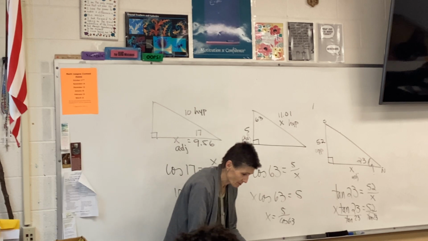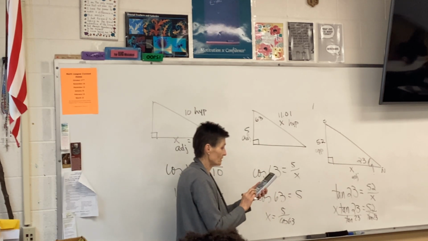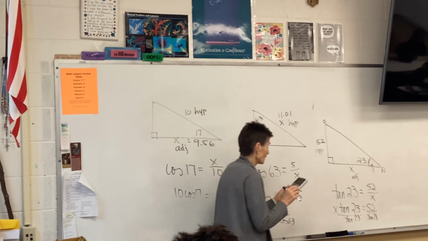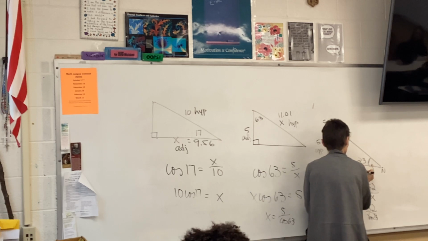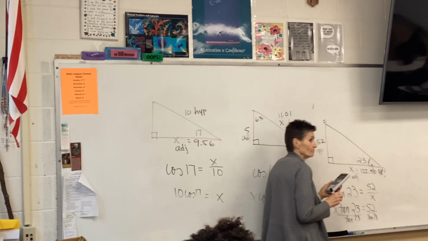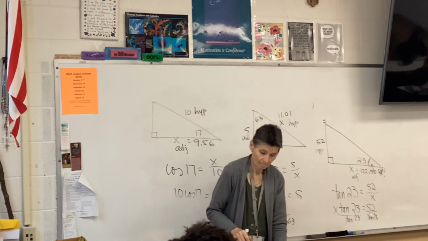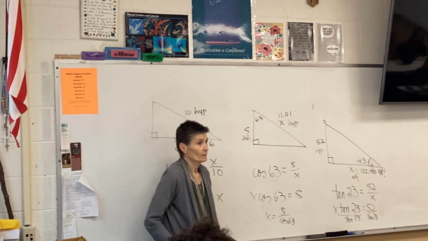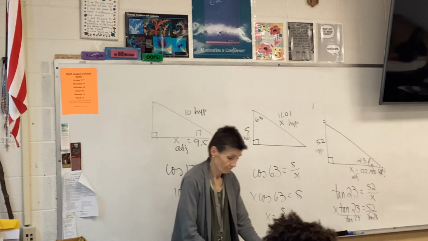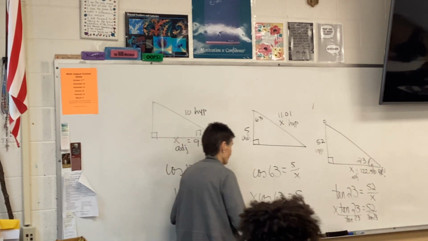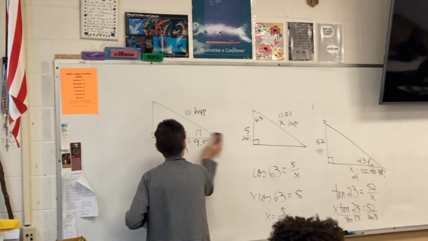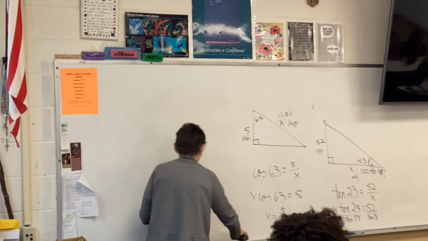And that's going to be my answer. 52 divided by tan 23. Did you get 122.50 feet? Remember, word problems get units. You guys okay with that? Easy enough. All right, let's look at the next one.